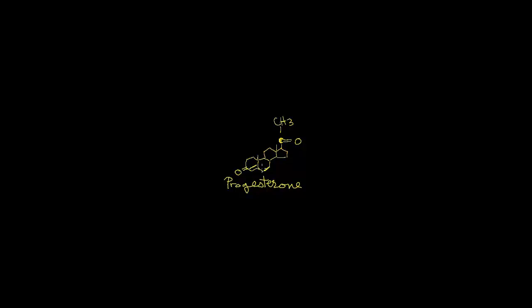Remember, in pregnenolone we had a double bond between carbon atom number 5 and number 6 in ring B. Now, isomerization takes place and the double bond has moved to be between carbon atom number 4 and 5 in ring A instead.